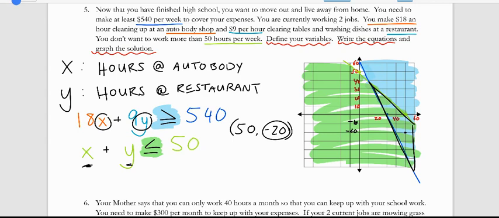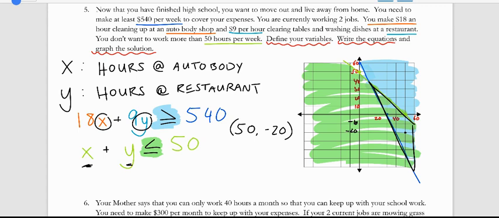The problem with this one is that if you think about the word problem, it's saying we need to find a solution where he works so many hours at the auto body shop and so many hours at the restaurant. Now, can someone work 50 hours at an auto body shop?